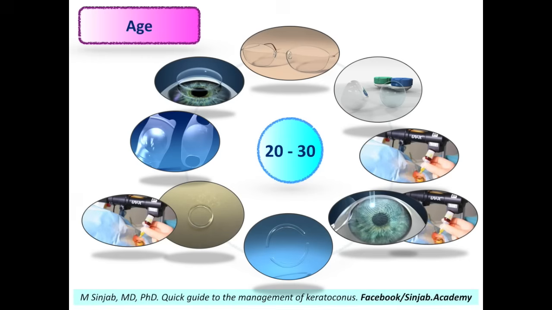When the patient is between 20 and 30, all options are available. But when the patient is older than 30, corneal cross-linking is questionable. Why? Because keratoconus at this age has to be documented before considering corneal cross-linking as a treatment.